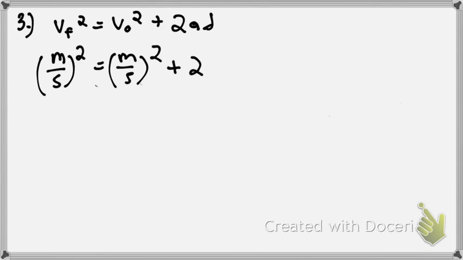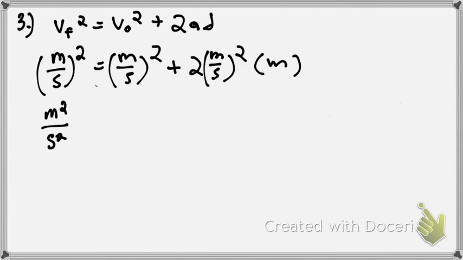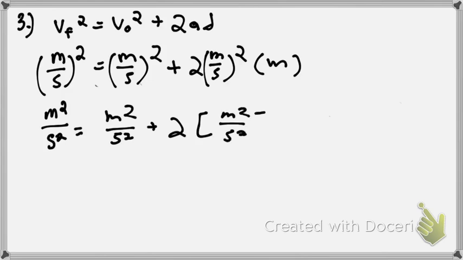Which is what? Meters per second squared times distance. And what we got is what? Times meters.